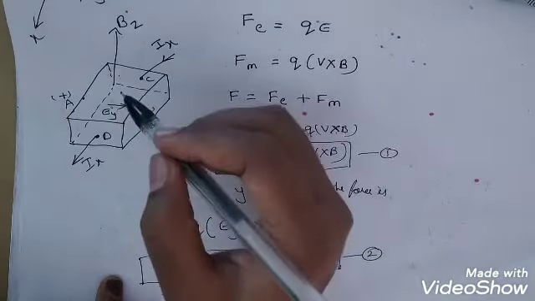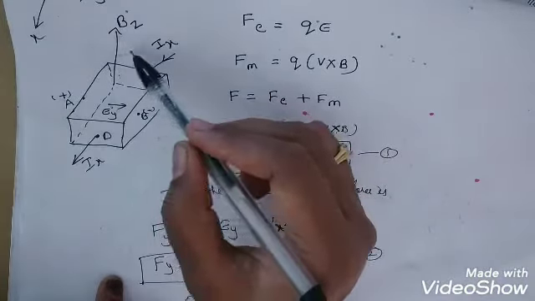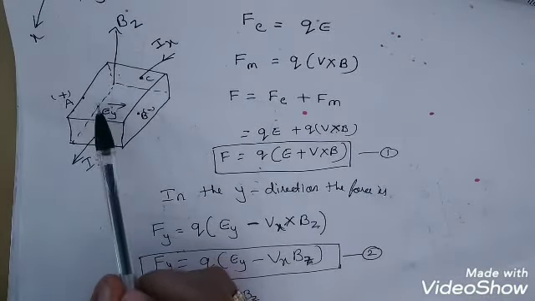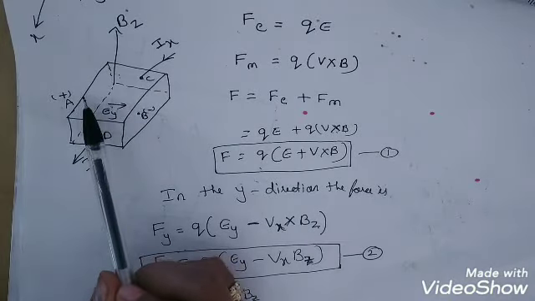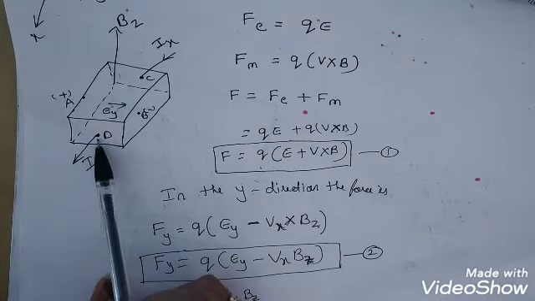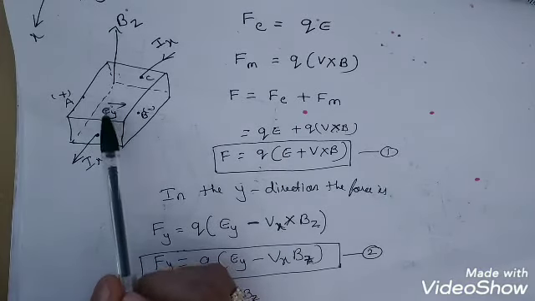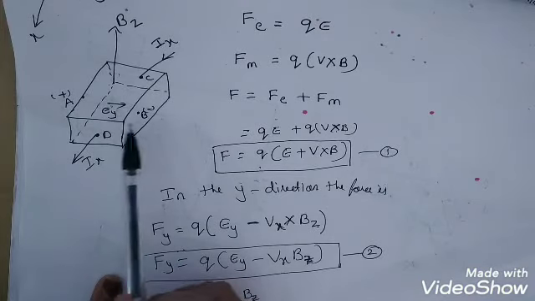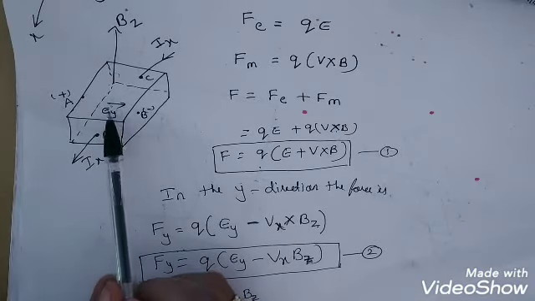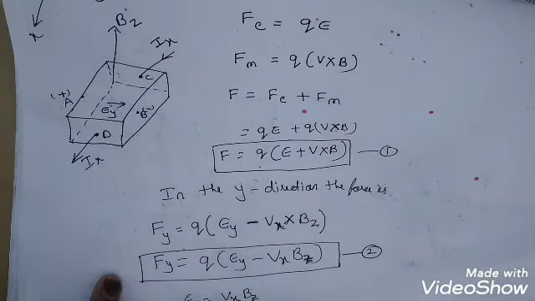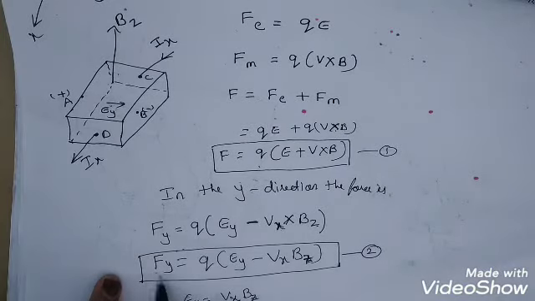Initially, if we apply the electric field as well as the magnetic field, what happens? The carriers get deflected and move to point A and then come back to point D. Because of that deflection only, we get the electric field Ey in the Y direction. Suppose this produced electric field becomes equal to the product of the applied velocity and the magnetic field, then Fy will be 0, that is, the force in the Y direction will be 0.